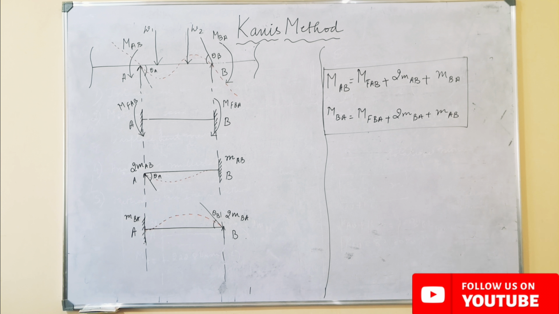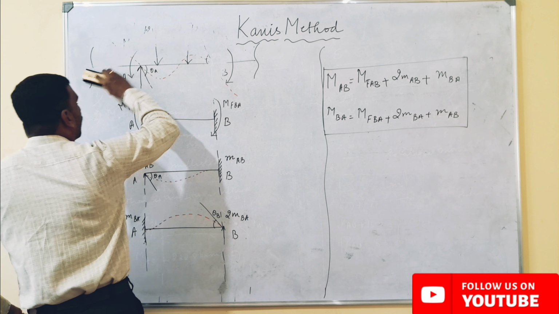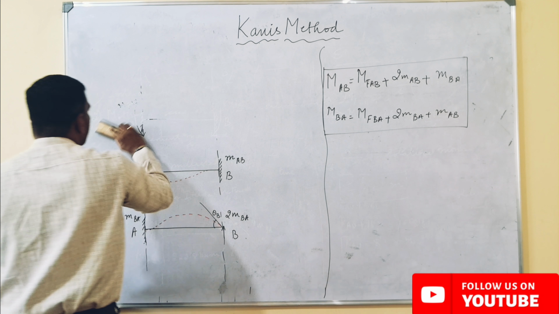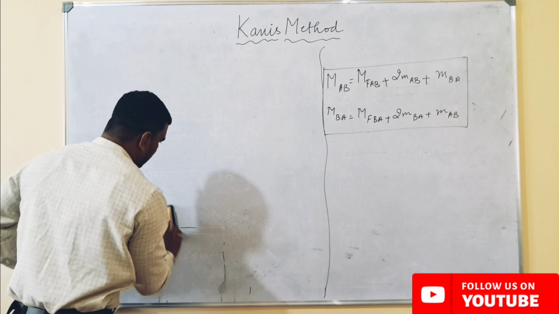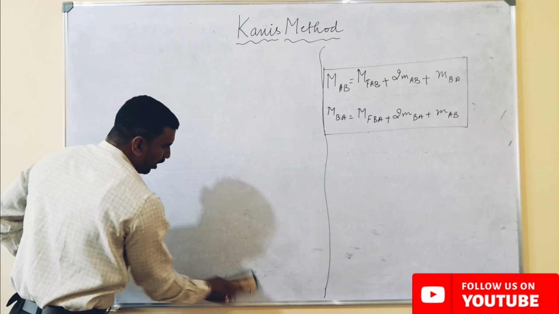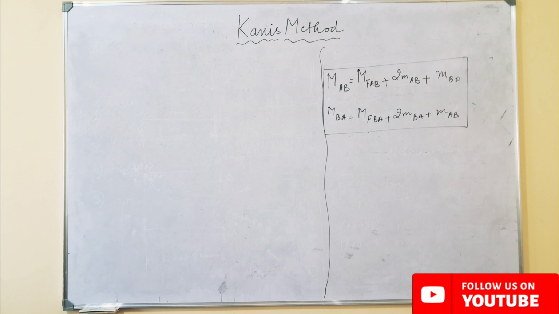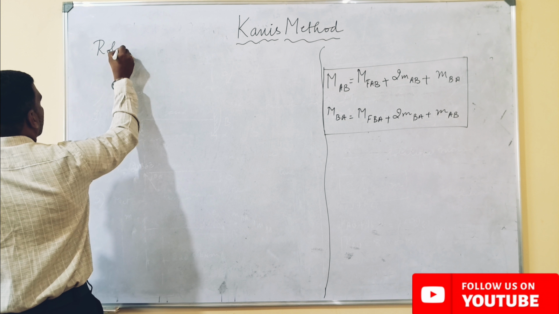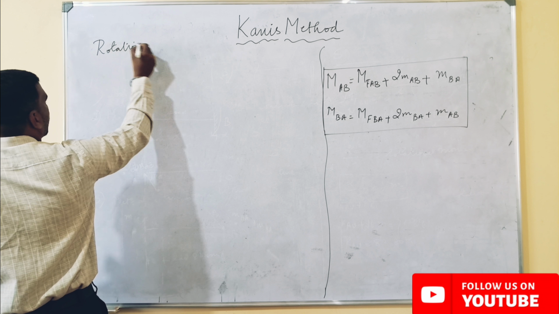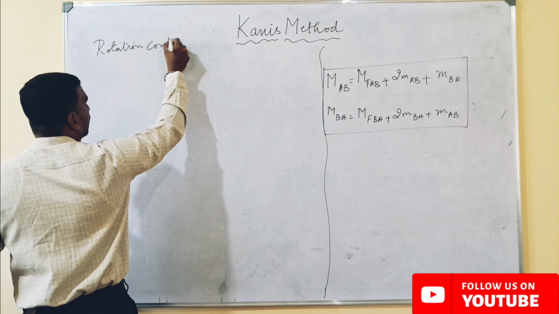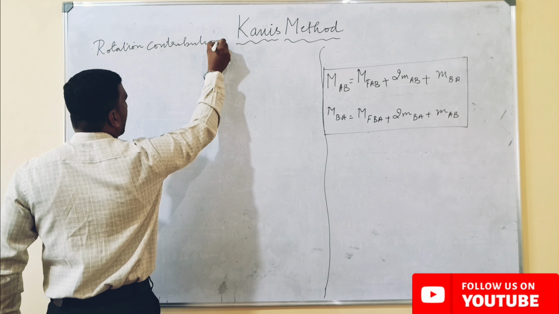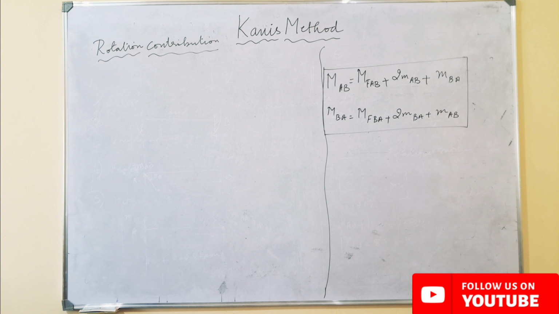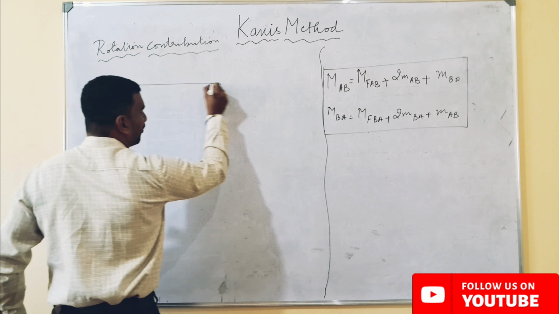As we know in the key points, Kani's method is based on rotation contribution. Let us try to understand how the rotation contribution works. For understanding this rotation contribution, let us consider a multi-story frame.